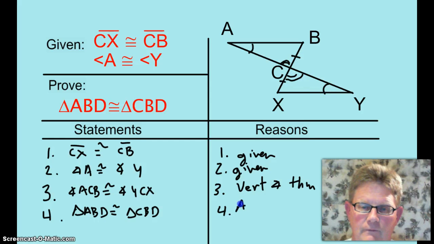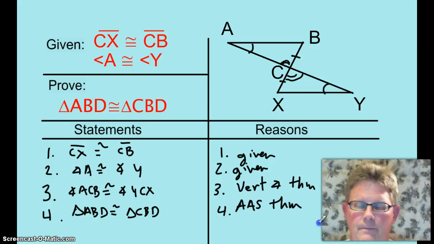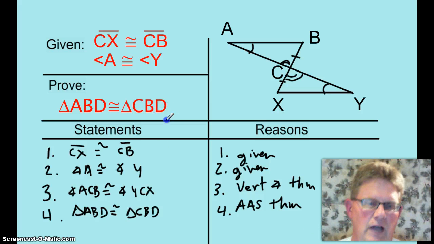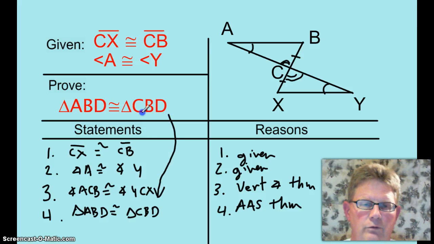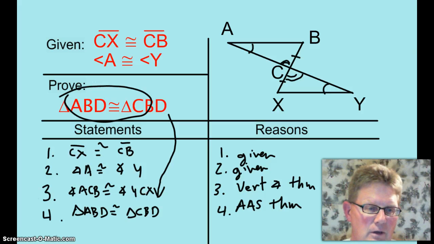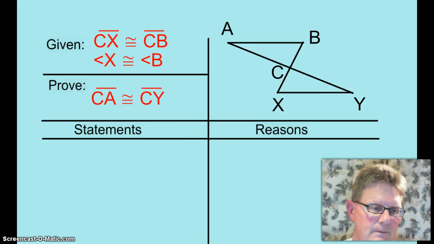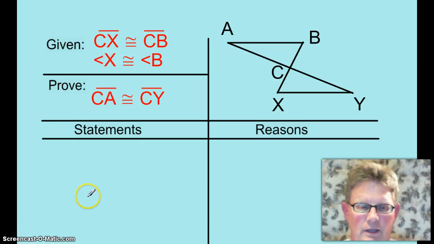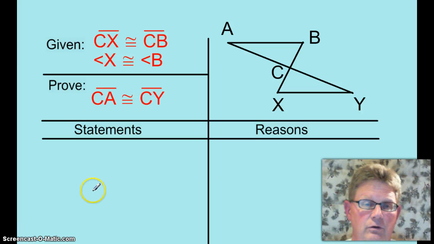You betcha. Angle, angle, side theorem. And that gets the triangles congruent, and that's what we were trying to prove. I love how the last statement in your proof is always going to be what you're trying to prove. That's just so cool. Alright, one more proof, and then I'll let you get working on your homework as soon as you come into class. Well, maybe. You might have to do a do now or something.